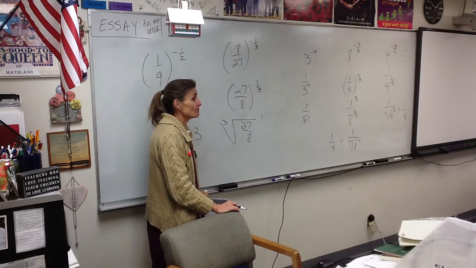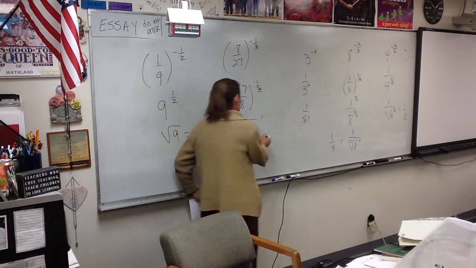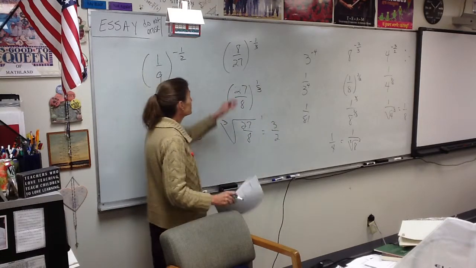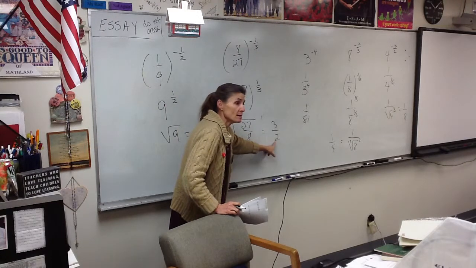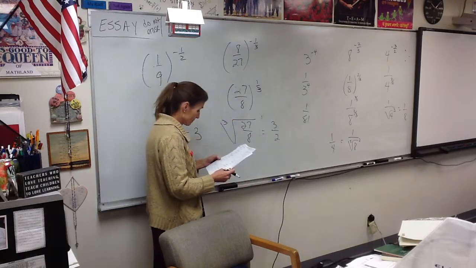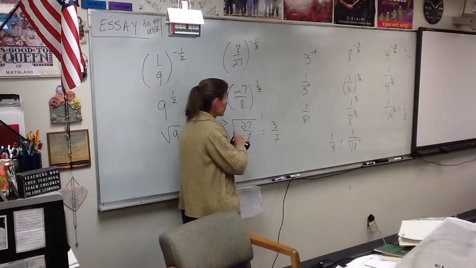So, Taylor, what's the cube root of 27/8? 3/2. We have to take the cube root of the top and the cube root of the bottom. So this very ugly problem worked out to be 3/2. Wait, we're not allowed to use a calculator on this one? Not for this stuff.